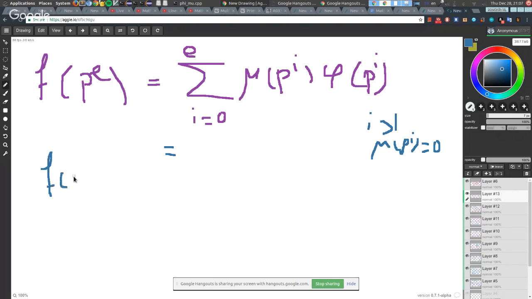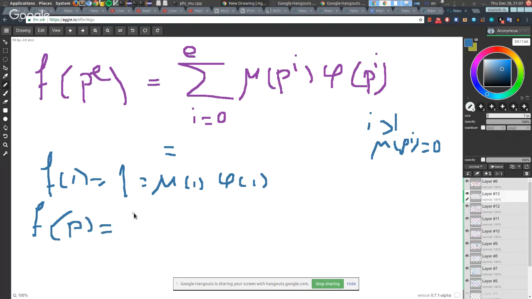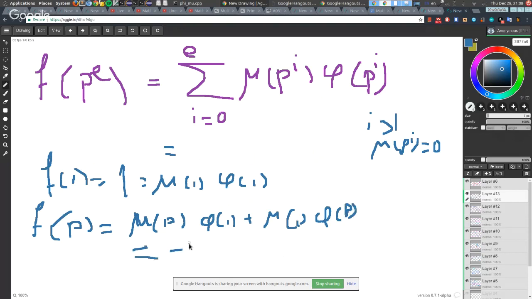So here we have f of 1, which is equal to 1 because it's a multiplicative function, which is mu of 1 times phi of 1. And then we have f of p, which is mu of p times phi of 1 plus mu of 1 times phi of p. So this is negative 1, and this is p minus 1. So this is equal to p minus 2.